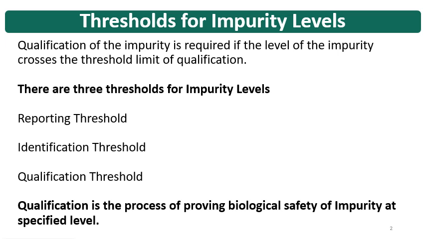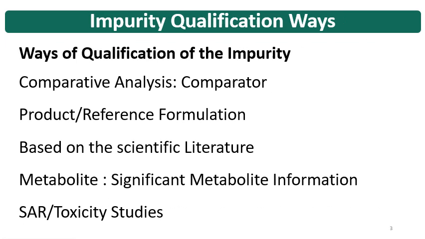Now we will see what ways there are for the qualification of the impurities. As per the guidelines of USFDA, EMEA and ICH, some ways are there for impurity qualification, and one of them is comparative analysis, in which the comparator product or RLD is analyzed and its impurities are studied.